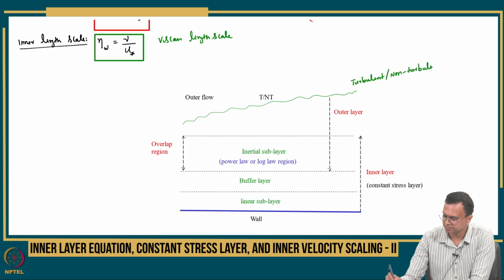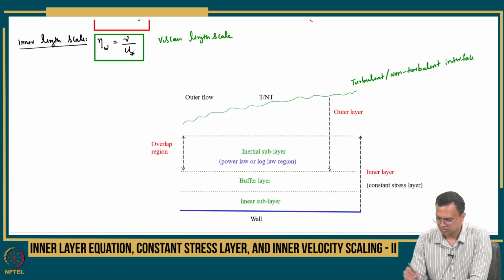Instantaneously it looks like this, and beyond that is what is called the outer flow. Whenever in literature you see the name outer flow, it means outside the boundary layer, and inside the boundary layer is inside your turbulent non-turbulent interface.